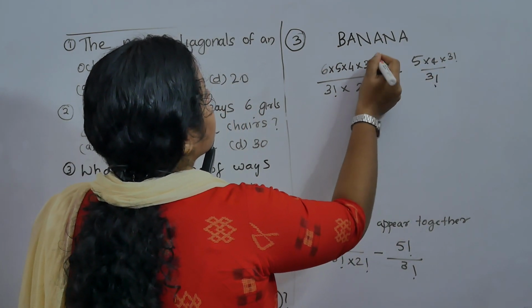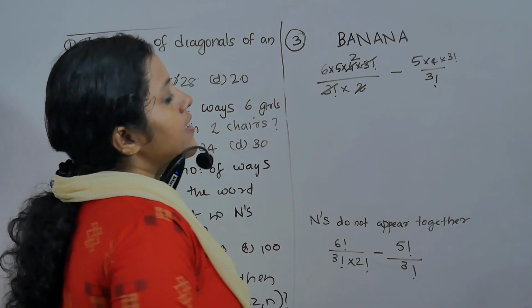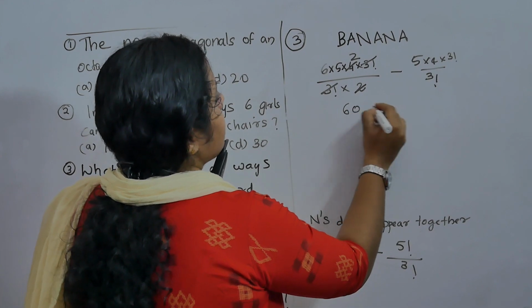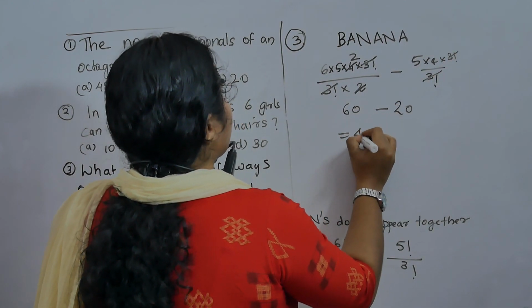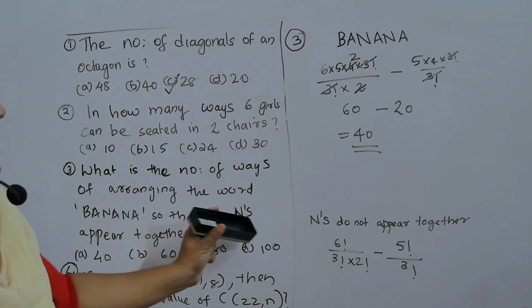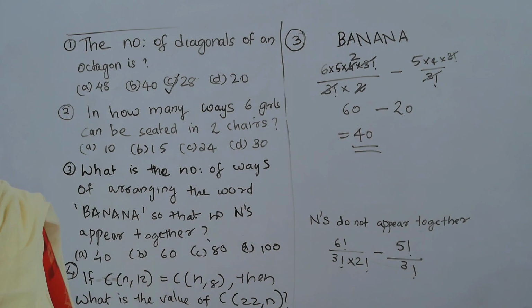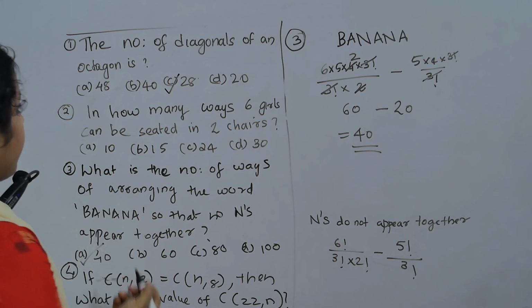So this 3 factorial will go. What you'll get is 60, minus, here, 20. So the answer is 40. So in 40 ways we can arrange so that N's do not appear together. Is it clear? So the answer is option A, 40.